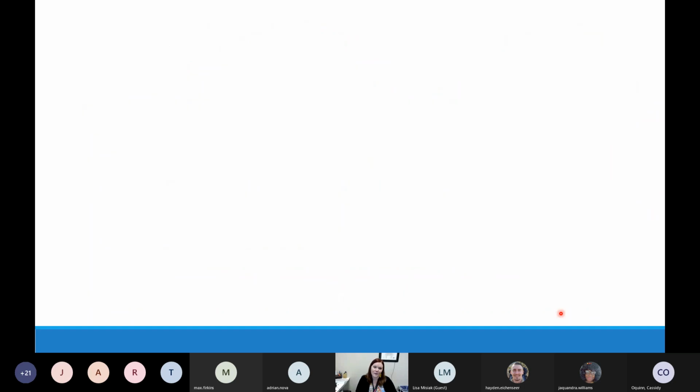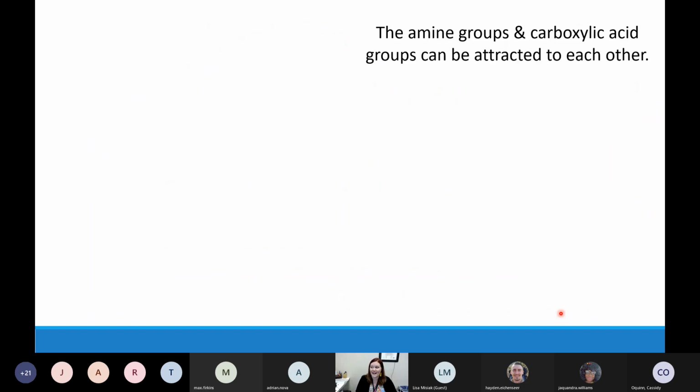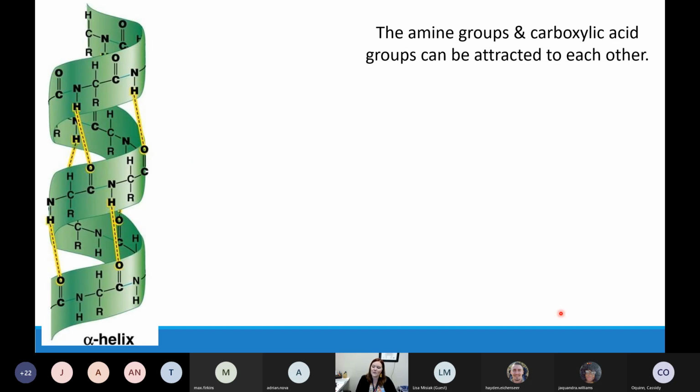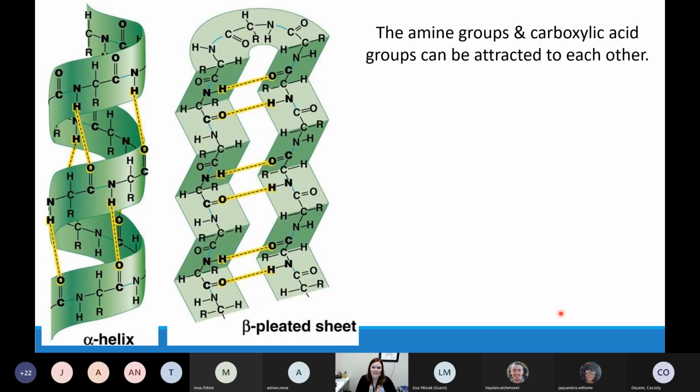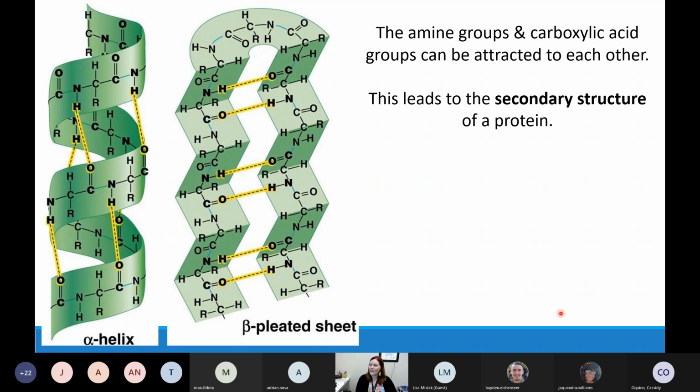But the other thing we can use the amine group and the acid group to do is we can use them to build things called alpha helices or beta pleated sheets, or often I'll just call them beta sheets. When we talk about building these things, these are what we call the secondary structure of a protein. So the primary structure of a protein is the order that the amino acids are in.